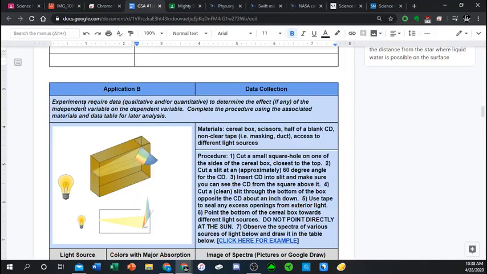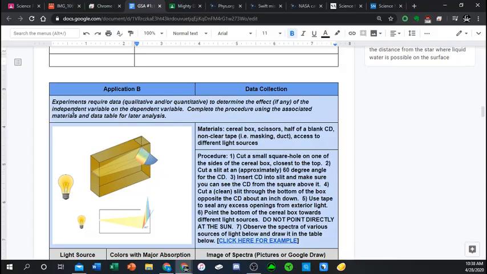Experiments require data, qualitative and or quantitative. Qualitative is qualities, traits, characteristics. Quantitative is numbers. Mass, volume, finding density, right? You will be looking for qualitative data in this experiment because you're going to be observing the qualities of light from different sources. So, to determine the effect, if there's any, of the independent variable on the dependent variable.